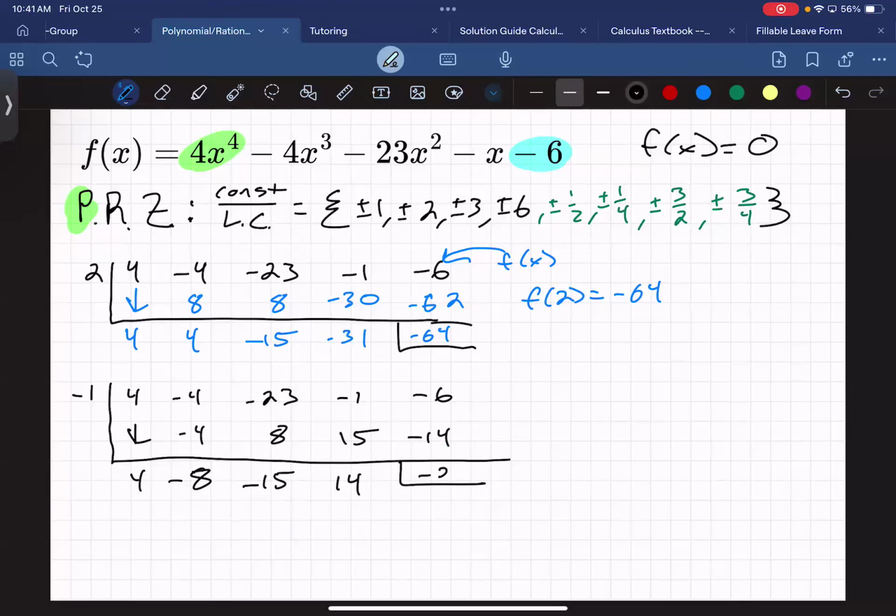Did -1 work for us, y'all? Does that mean it's completely wrong? No, because again, we're still doing it. So make sure you take a note here. We found another solution, right? Does someone else want to try? 3. 3 worked, I'm guessing.